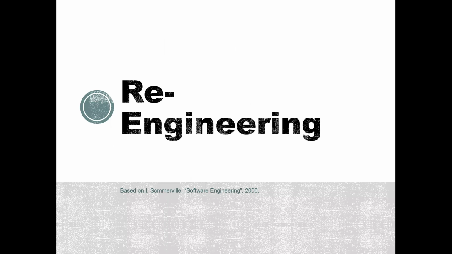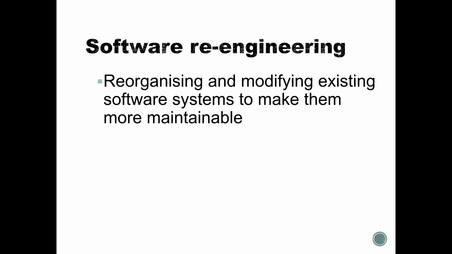So the next topic that we have is re-engineering. Let's see what re-engineering is. Basically, software re-engineering is a process in which we reorganize and modify the existing software system to make that particular legacy system more maintainable.